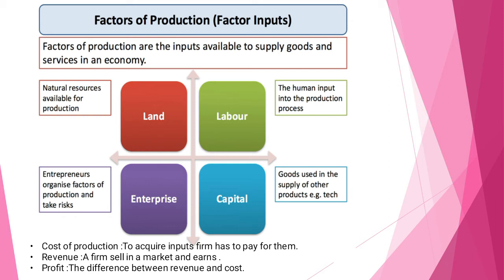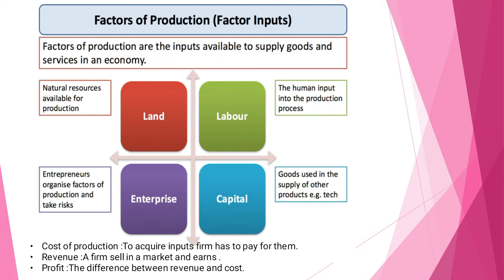If he purchases capital in the sense of machineries, he has to pay the interest for that. And enterprise, in the sense he has to organize all this activity, for that he has to pay.